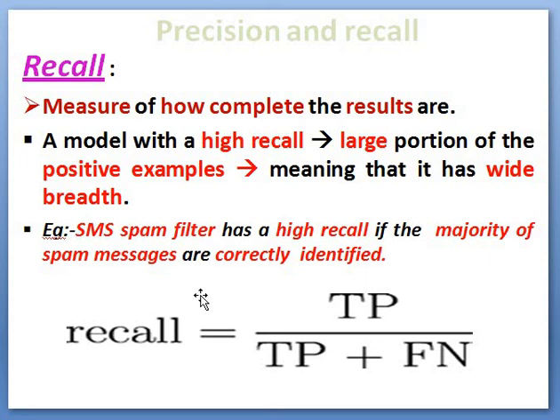Recall can be identified by the equation TP divided by TP plus false negative. So recall is another measure in machine learning which indicates the proportion of positive examples out of the total of true positive and false negative.